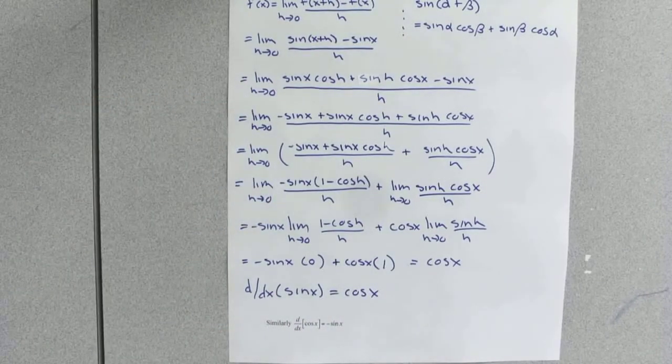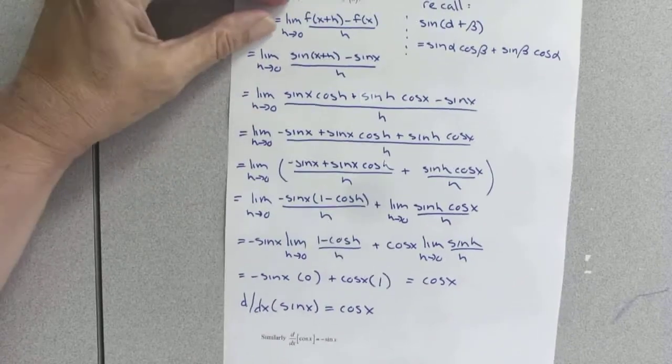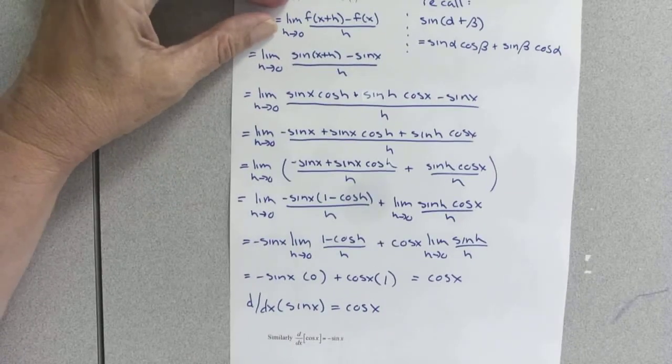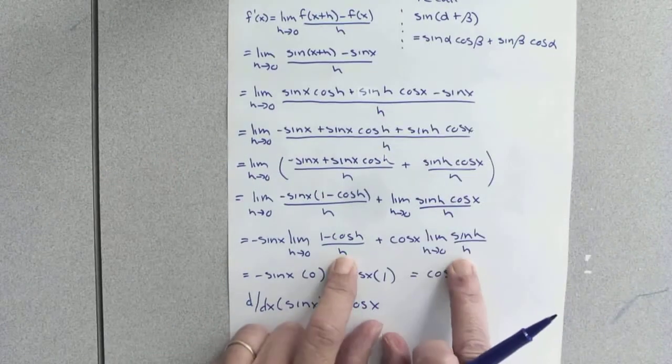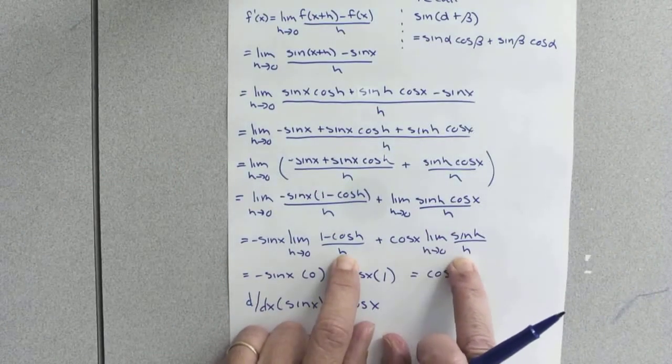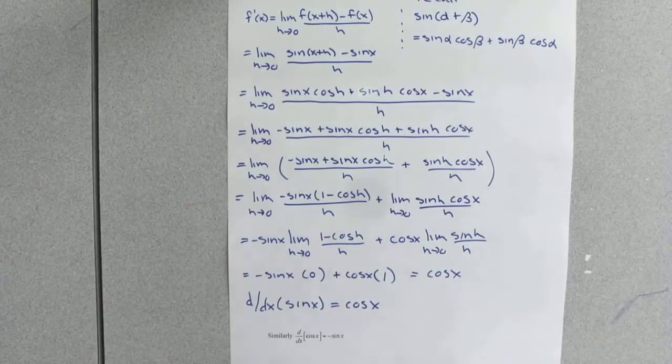Now you are not going to be asked to reproduce this, but what I wanted to do by showing this is how all this stuff tied together. Here's my definition of the derivative. Here's some trigonometry that we brought into play. Then 2 special limits that we have from chapter 2 all gives us now that the derivative of sine is cosine.